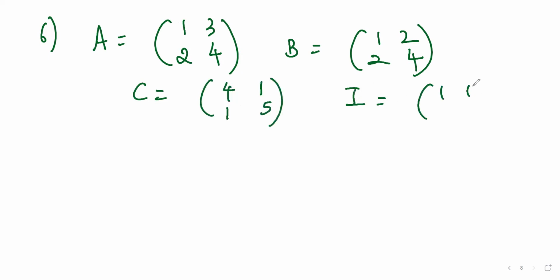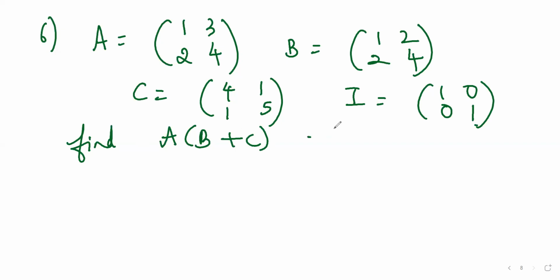I is equal to 1001. Okay. Find A into B plus C minus 14I.